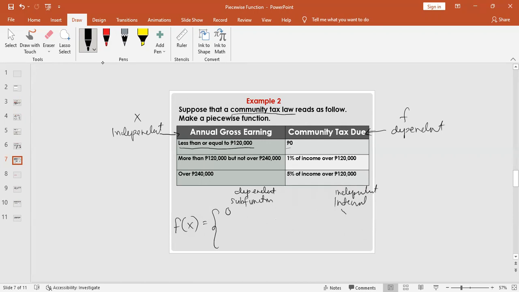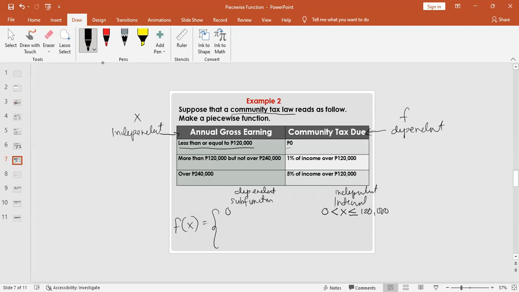So, if your annual gross earning is less than or equal to 120,000 pesos. And again, we have to limit our interval to positive numbers only. That's why we have to put greater than 0 here.